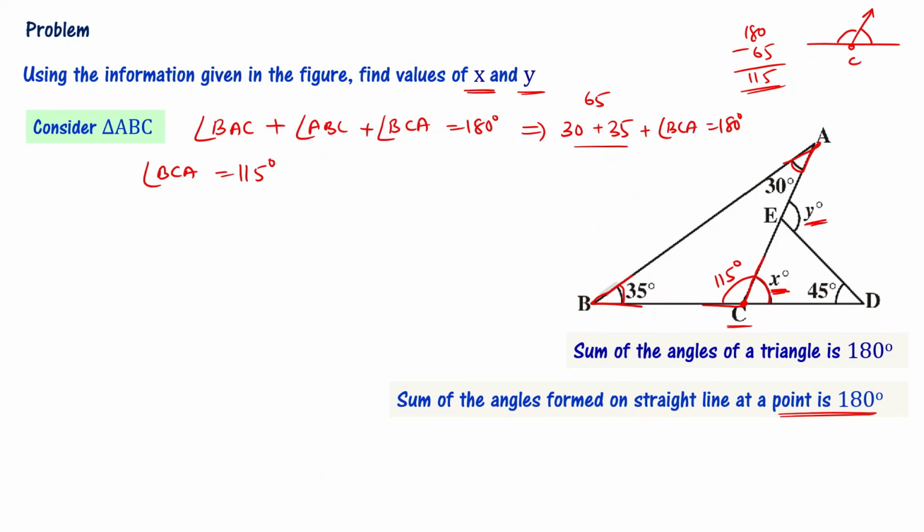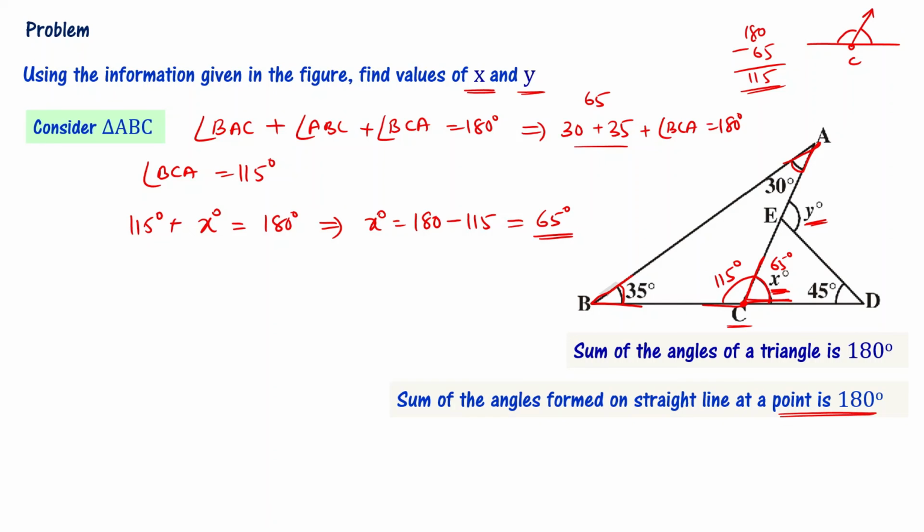It means 115 degrees plus angle ECD or X degrees is equal to 180 degrees. I can write this as X degrees equal to 180 minus 115, right? How much is this? 65 degrees, right? X is 65 degrees.